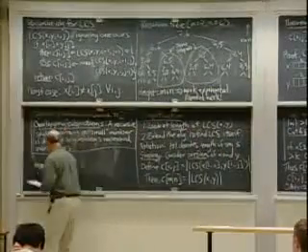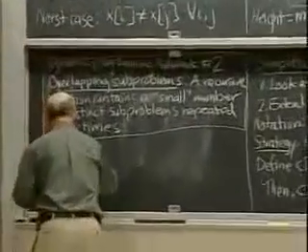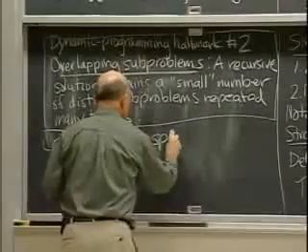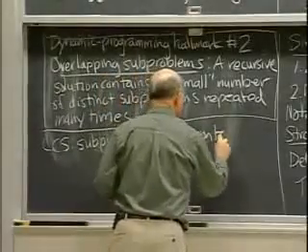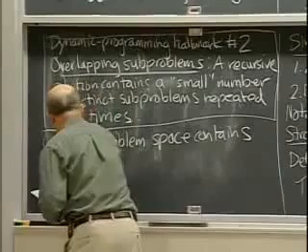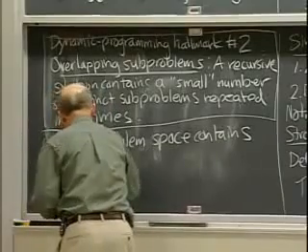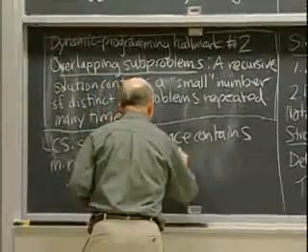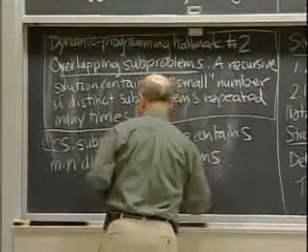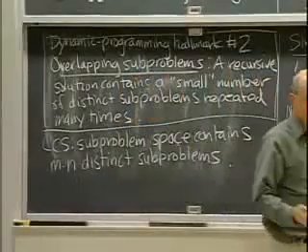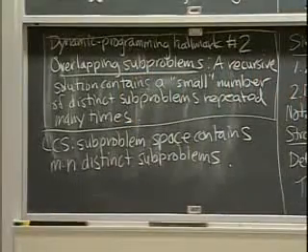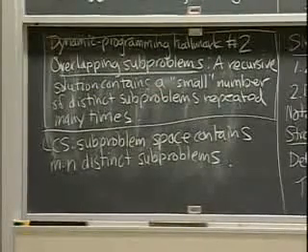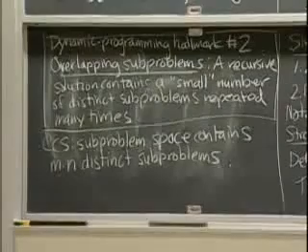So for longest common subsequence, the subproblem space contains m times n distinct subproblems. mn is a small number compared with 2 to the m plus n, or 2 to the n, or 2 to the m, or whatever. This is small.